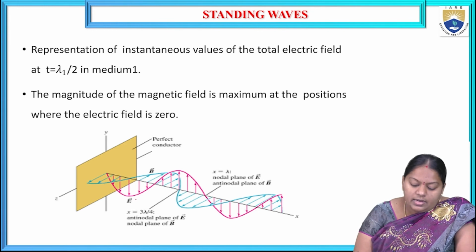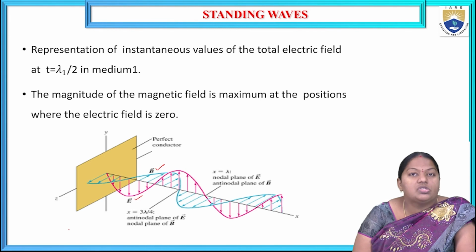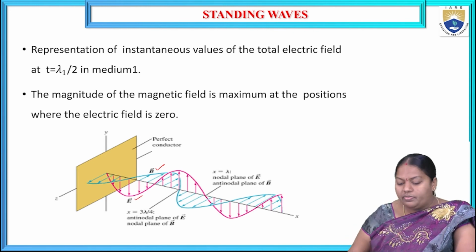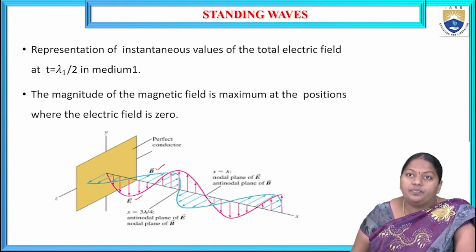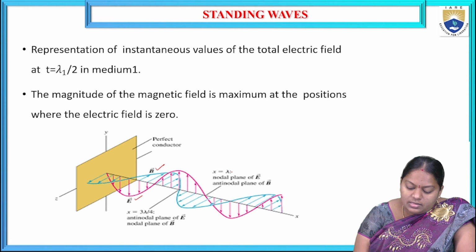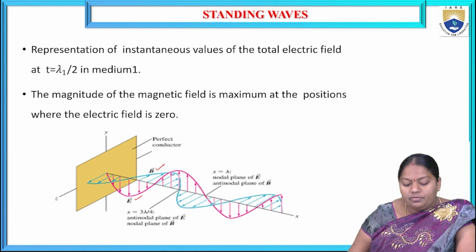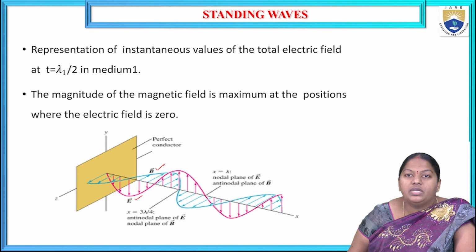If you observe, electric field intensity vector E and the magnetic field intensity vector H are orthogonal to each other, right? For a perfect conductor and for a perfect dielectric medium. See, at different values of x, at different values of lambda, how the phases of these two are changing, you have to observe from this figure.